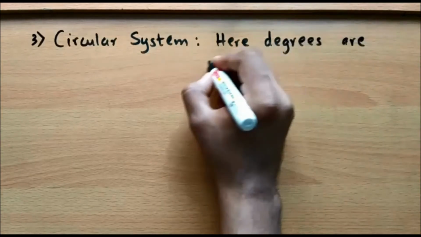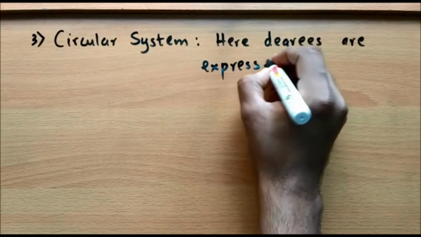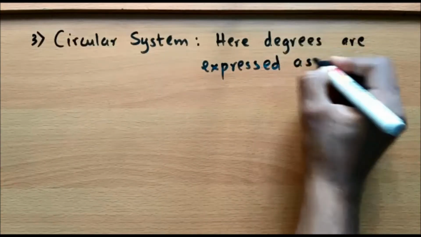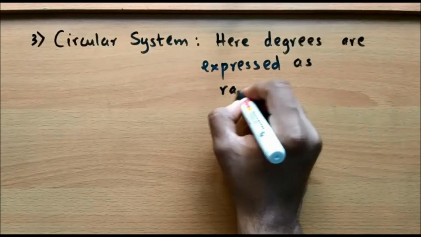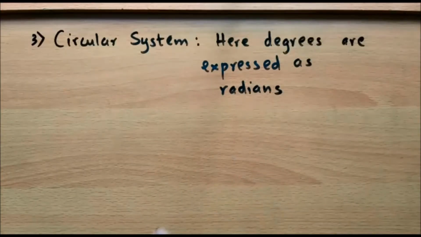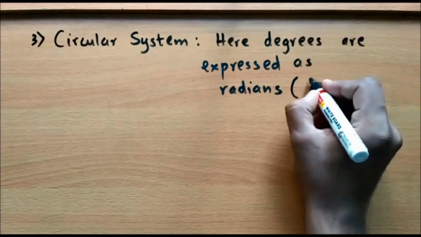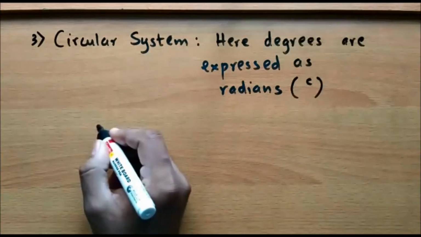For the radians, the symbol used is a tiny c at the top. So the c denotes the circular system, a tiny c, that's the radian.